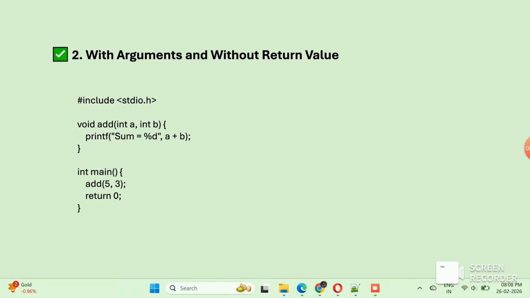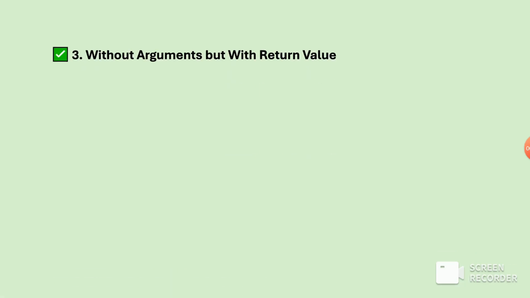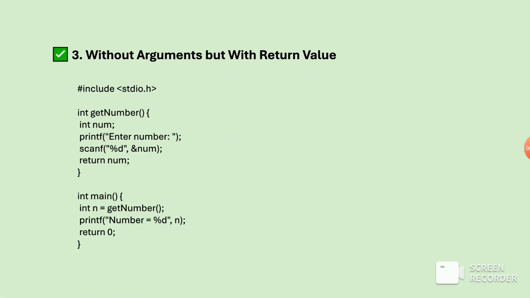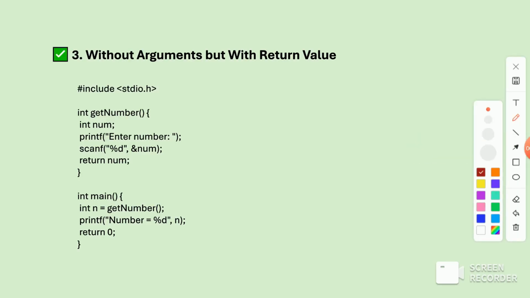Third, without arguments but with return value. Here we are not sending any arguments to the function, but the function returns a value. In this example, with stdio.h, getNumber is our function name.